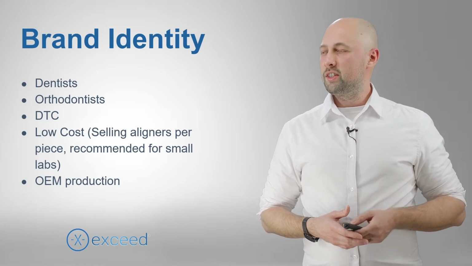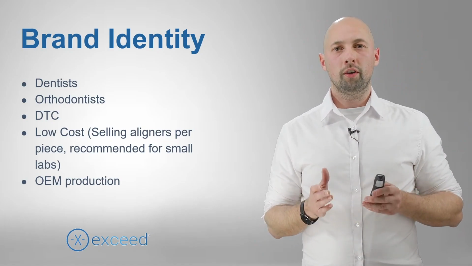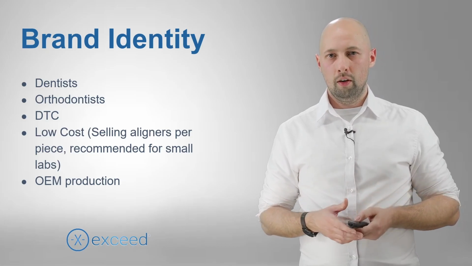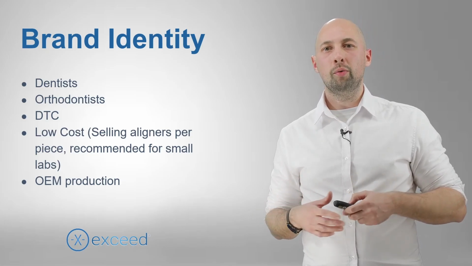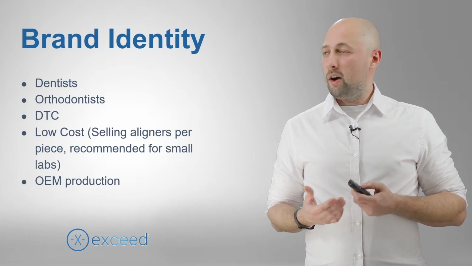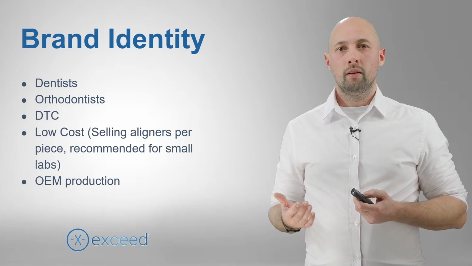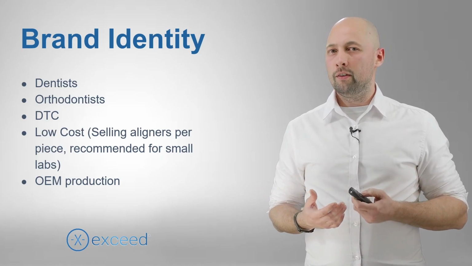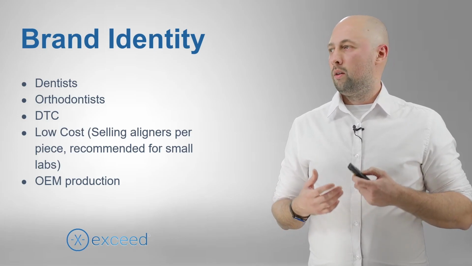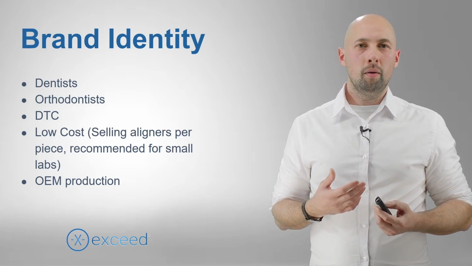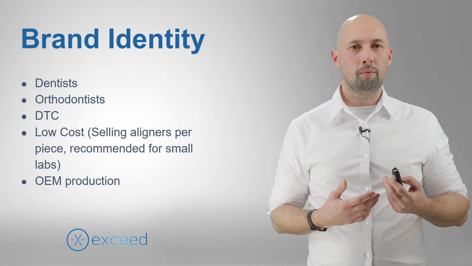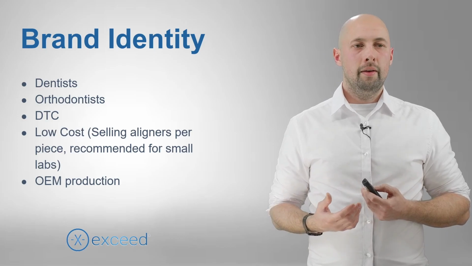It is important to understand your target audience when creating a brand identity for your aligner production. Different audiences may require different marketing and branding strategies. For example, a marketing campaign for dentists may be different from the one targeted at orthodontists. For the dentist, it is more important to talk about the ease of use, the chairside.